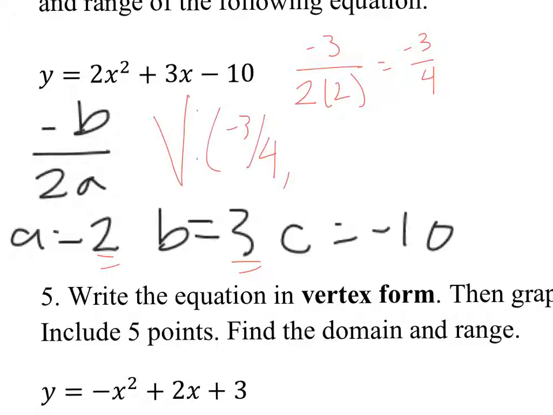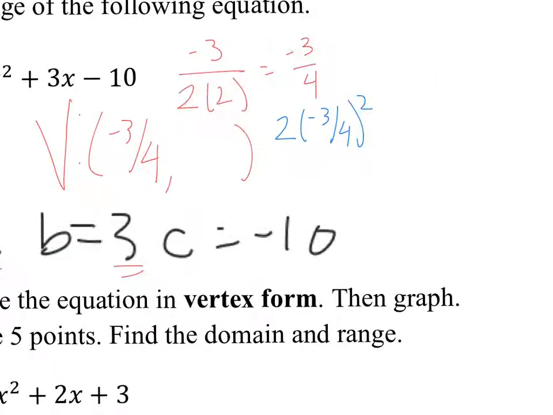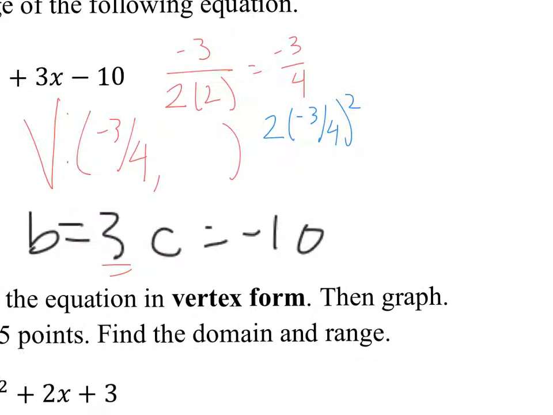Now, how am I going to find my k value? And since I know this is where you have to use your calculator, because if you don't want to deal with fractions, that's fine. Just type this into your calculator. So in both of these spots goes where my x is. Again, the x value I found out is negative 3/4, so here's an x and here's an x. You want to make sure to keep that squared. And technically, you could have two different answers here.